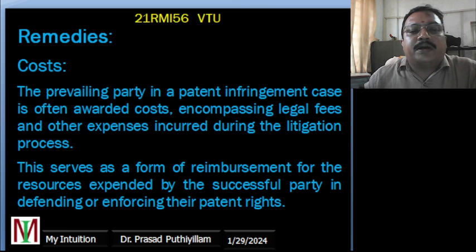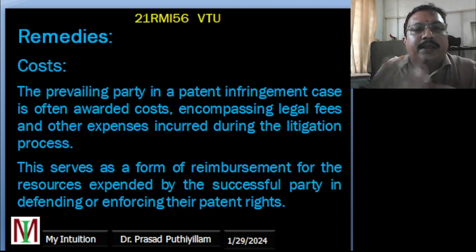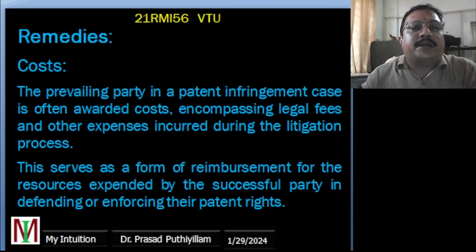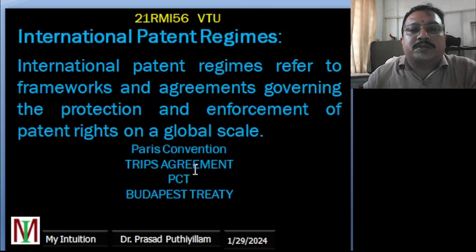That means the patent holder will claim a total amount, including the amount that he spent for the legal action, to pay the fees of the legal advisor. Everything including that amount will be finalized, and the one who has done the misuse or infringement has to pay it to the patent holder. That is about cost.